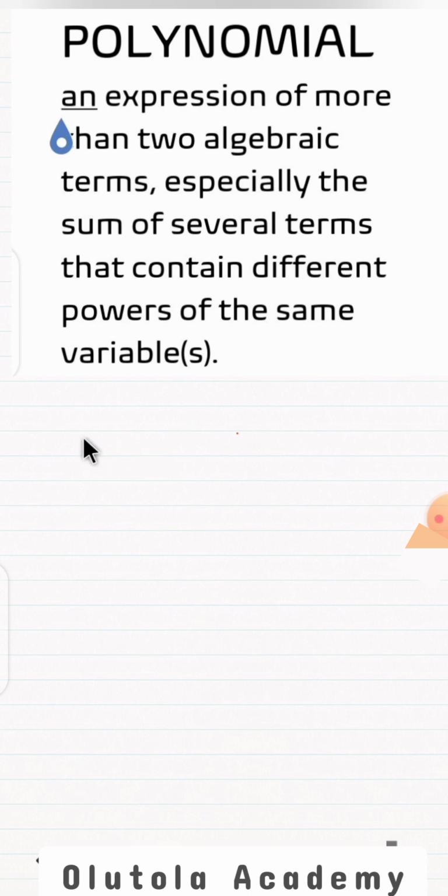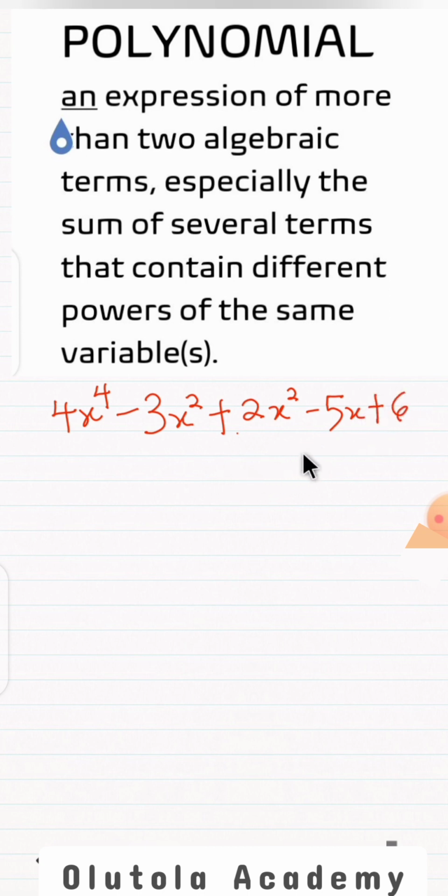Well, this is a mathematical definition, and an example of what I mean is, let's say we have 4x raised to power 4 minus 3x raised to power 2 plus 2x raised to power 2 minus 5x plus 6. This is a polynomial function. They have the same variable x and they are added or subtracted from each other. So this is what I will be working on, something like this.